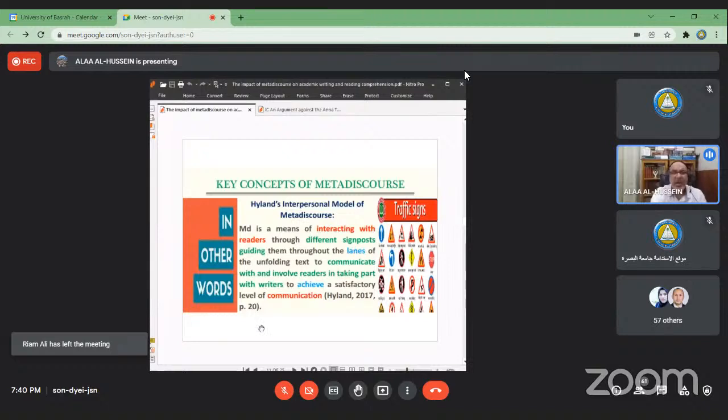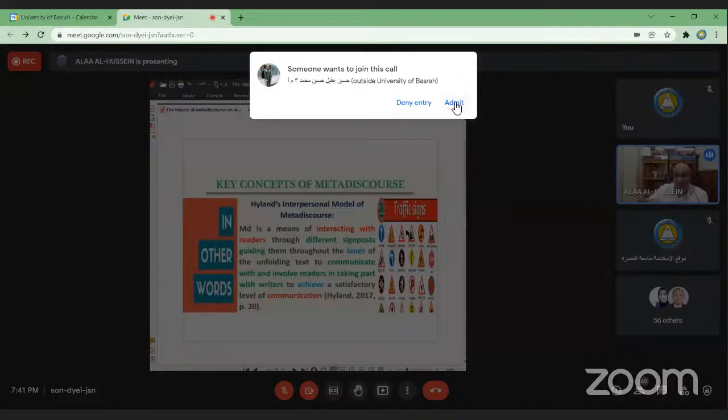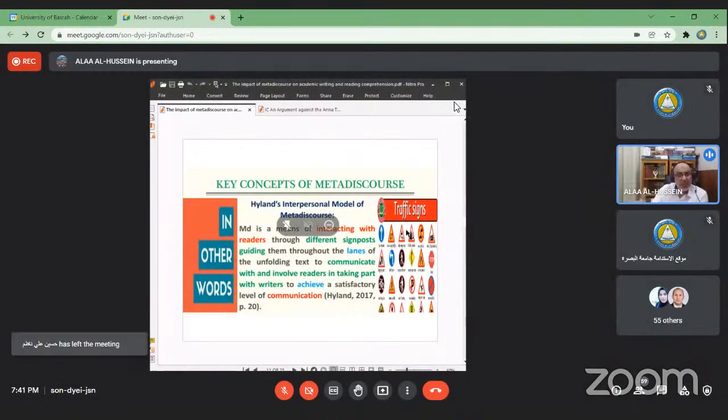It's exactly like the signposts for the traffic signs. Okay? Traffic signs are used to guide drivers and pedestrians along the way. For example, if we have a dangerous area, there should be a sign there to tell you that there is a dangerous area.